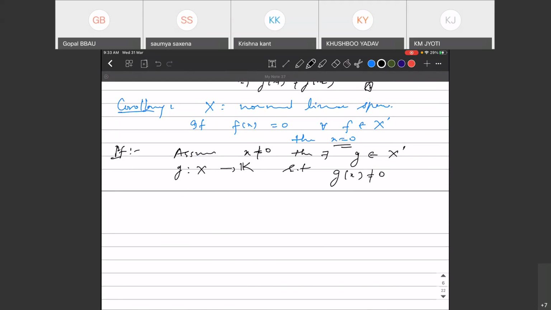But this is a contradiction to the hypothesis of the corollary. It says that f(x) is 0 for all f in X dash. So we are getting a member of X dash for which g(x) is non-zero. So this contradicts this part. Okay.